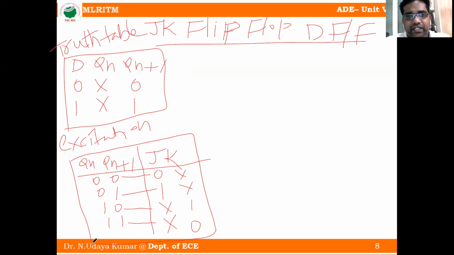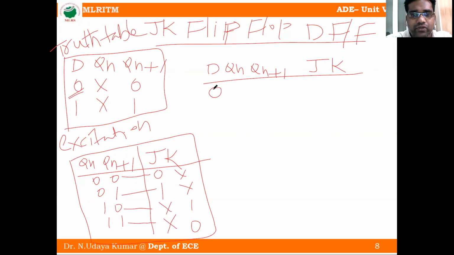Now we will extend the truth table of the D flip-flop here. So D, Qn plus 1, and here we will take JK. Here D is equal to 0. Instead of don't care, we are writing 0 or 1.